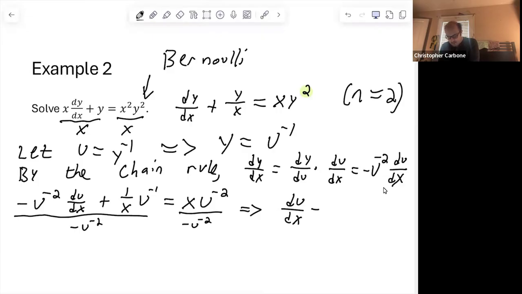minus, this would be u to the negative first, so that'll be u to the negative first minus negative 2, so that'll become u to the first power divided by x, is equal to negative x. And now that definitely looks very linear.